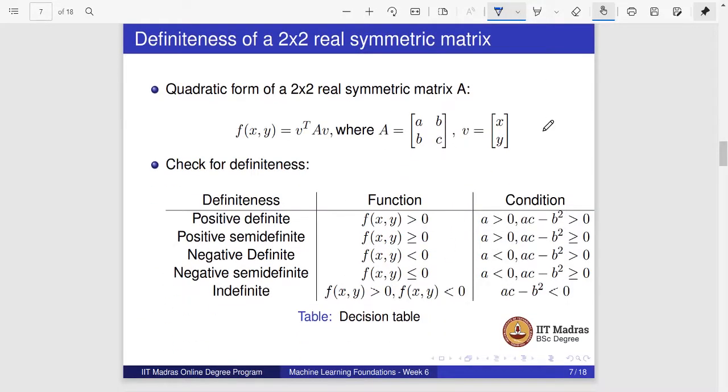We will further investigate the 2 by 2 real symmetric matrix, which is applicable for quadratic functions. As we have seen, quadratic functions can be represented in this form as well, where the off-diagonal elements are the same.